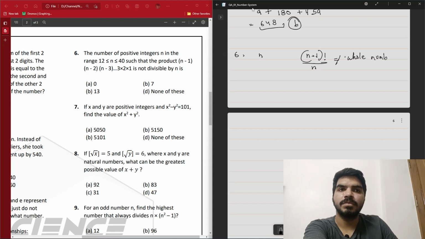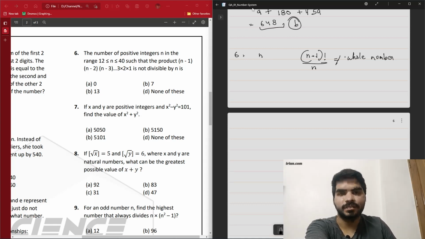That means in the entire expansion of n minus 1 factorial, no product should be equal to n, or even a factor of it that gets cancelled out totally.